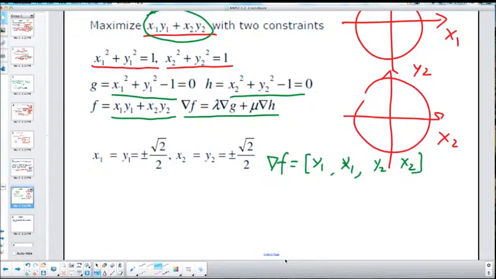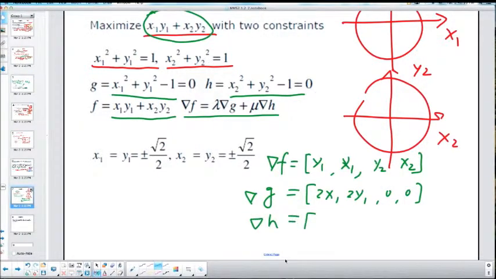That's the gradient. The gradient of g is going to be 2x1, 2y1, 0, 0. The gradient of h is 0, 0, 2x2, 2y2.